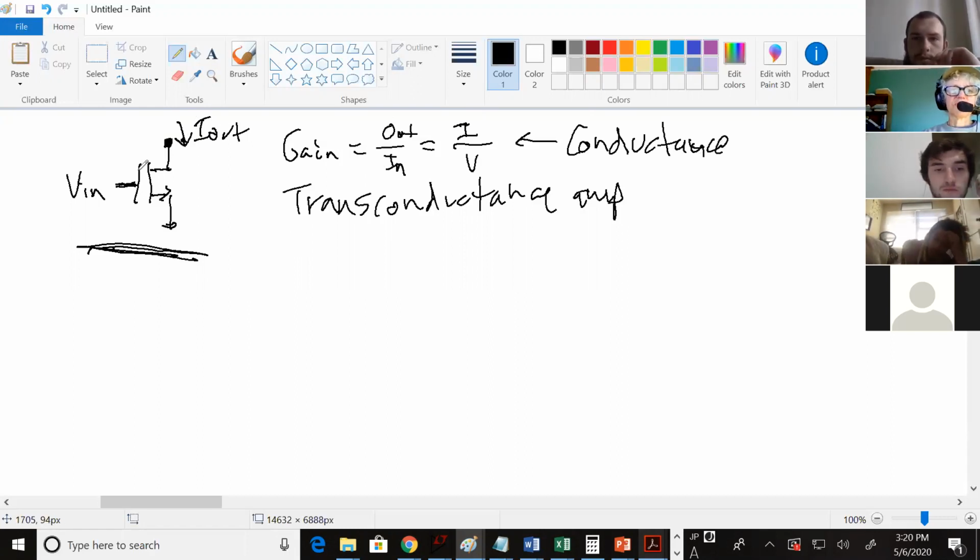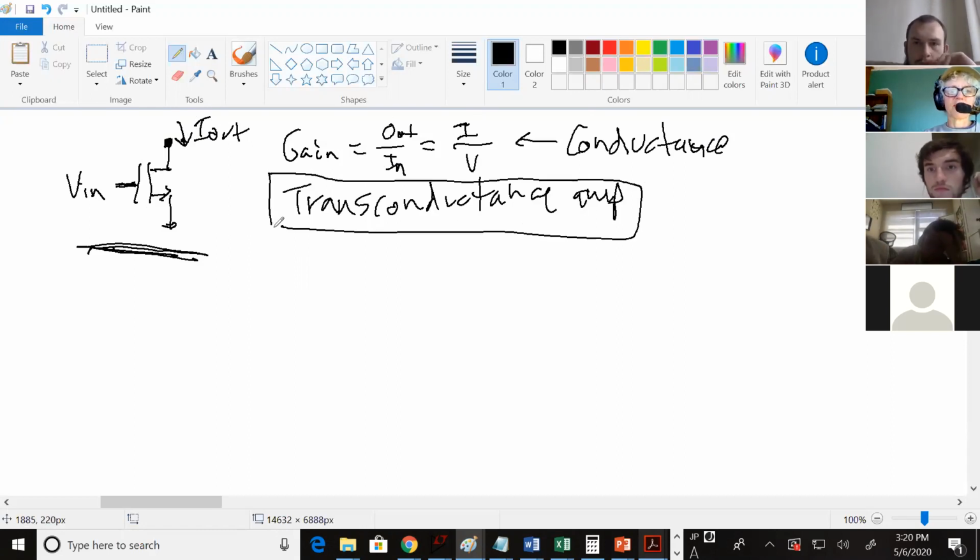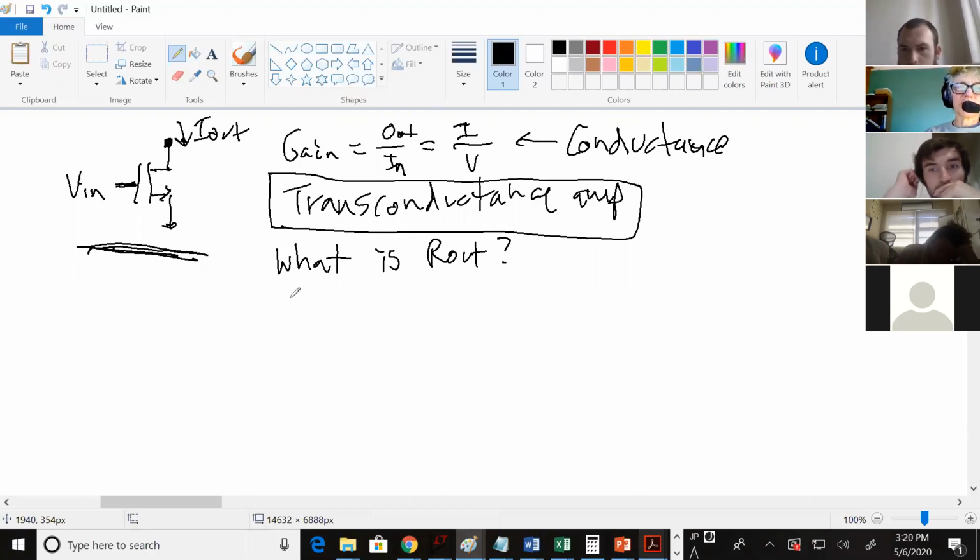And so this amplifier as a whole is a transconductance amplifier. Then the question I gave is, what is R out? To find R out, you first have to find where the output is, and the output is at the drain.